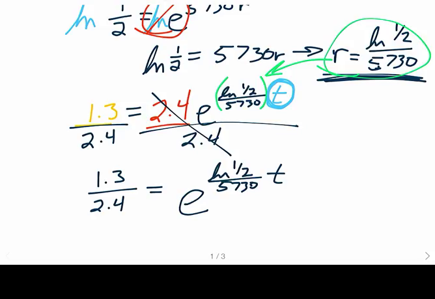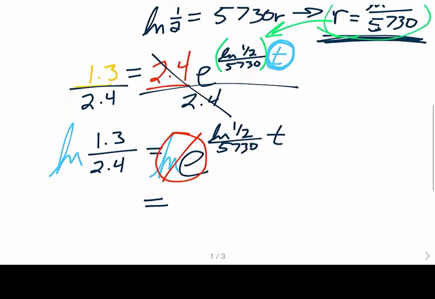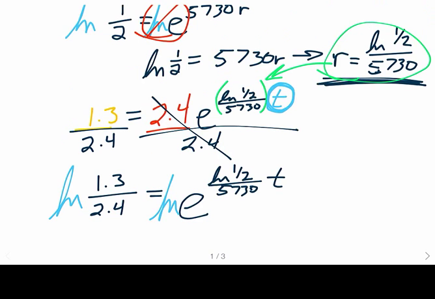Now, because I have a variable in an exponent, I'm going to apply the natural log to both sides. So natural log of 1.3 divided by 2.4, after using the cancellation property, is equal to the exponent, natural log of 1/2 divided by 5730 times t.